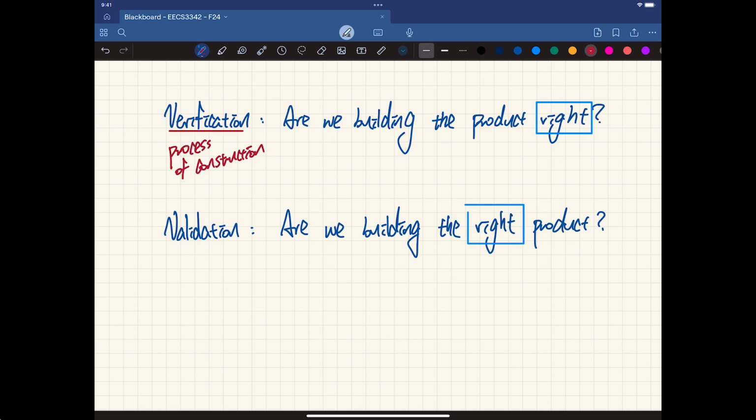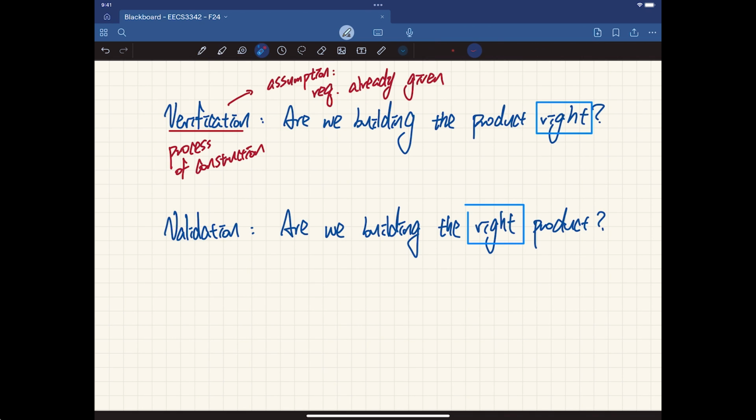There's one assumption here: requirements already given. That's the big assumption. We are not arguing about whether the requirements given are even correct in the first place. We just take them as is, and we are trying to see whether the final product we actually have really satisfies the requirements.